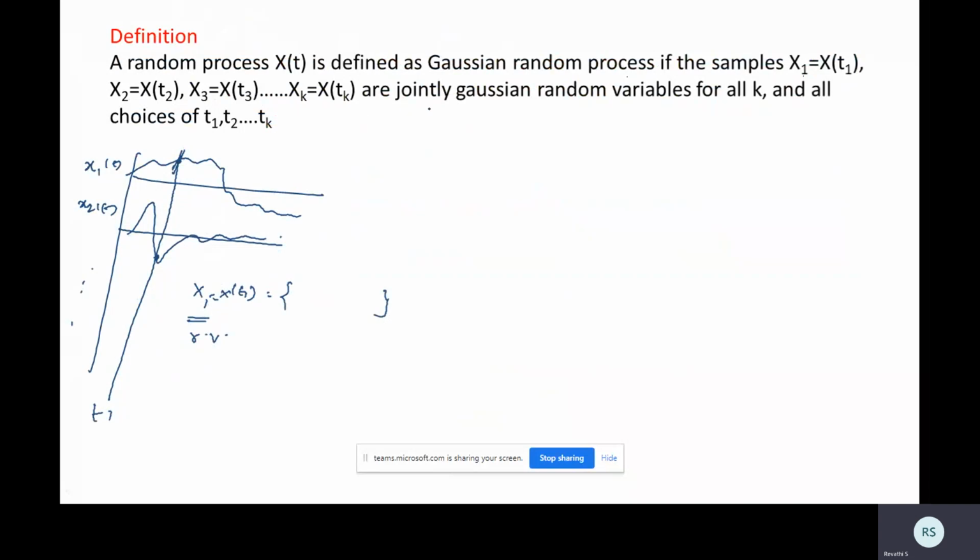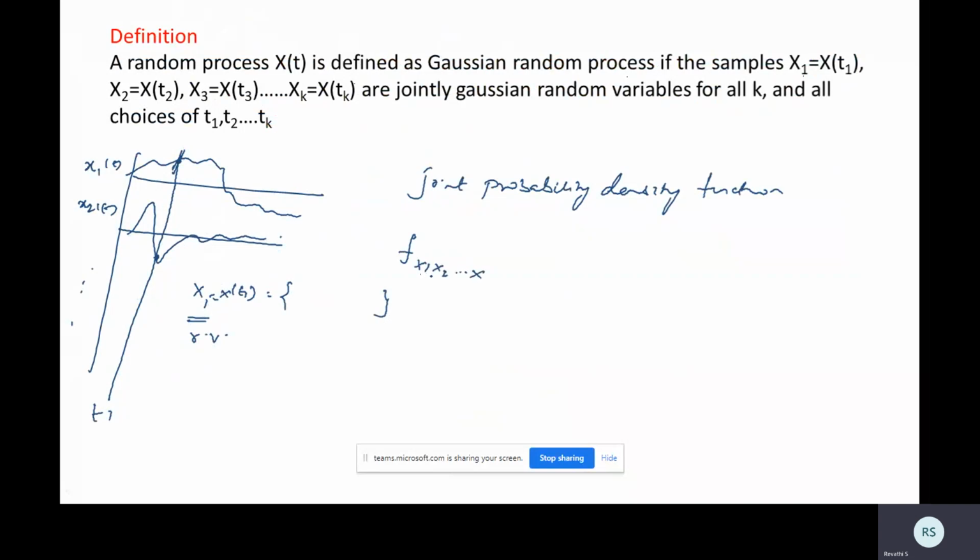Now whenever we talk about Gaussian random processes, we are very much interested in defining the probability density function. As we are talking about joint Gaussian random variables, let us define the joint probability density function, for k random variables, all of Gaussian nature.